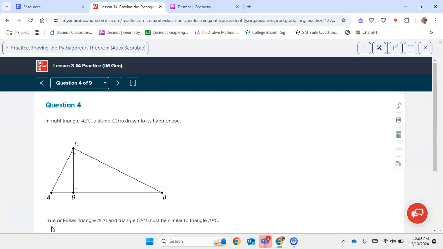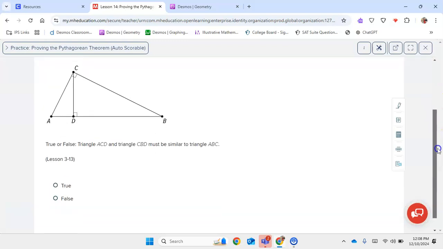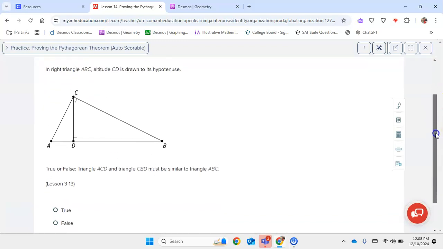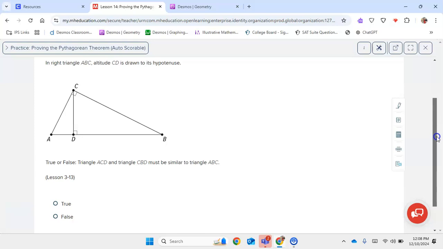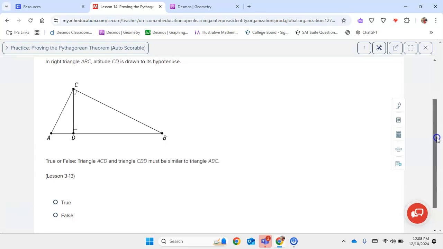Question 4. In right triangle ABC, altitude CD is drawn to its hypotenuse. True or false? Triangle CBD must be similar to ABC.